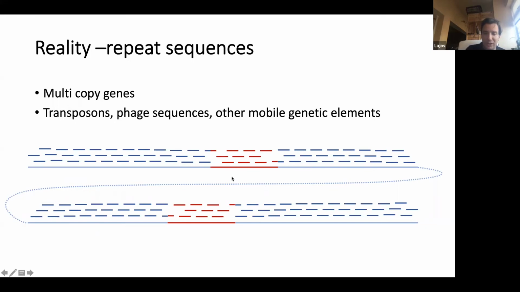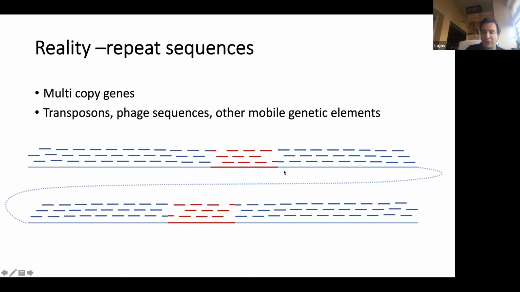As you can see, the reads are not able to go through the whole red sequence. If you had a long read from here up to here, it would not be a problem, because you can see that it goes into this repeat sequence from here and comes out here.